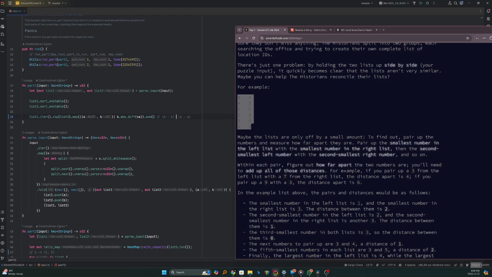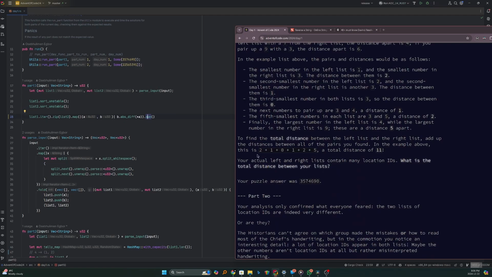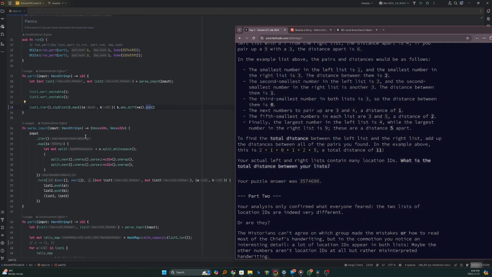I mean, they are equivalent because of the absolute difference. It doesn't make any difference. But to be more accurate, if it was A absolute difference B, that kind of reflects what this is. Anyway, it doesn't really matter. So after doing that, we then sum all the numbers up, which is basically the answer. So take the difference, sum it up. That's it. That's part one.